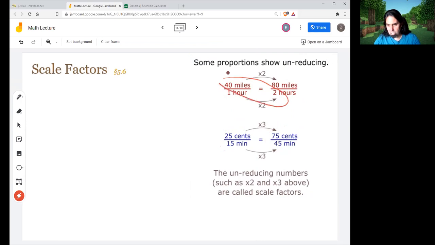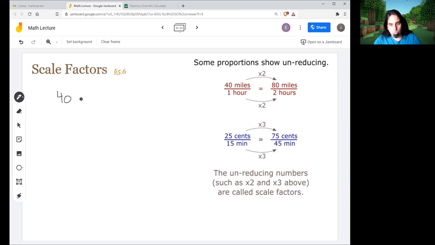Instead of making an X shape like we have been, I could go from one side to the other saying, oh, I recognize this. I am just unreducing fractions, right? It's a times 2 top and bottom, or it's a times 3 top and bottom. So if you notice that, that works.